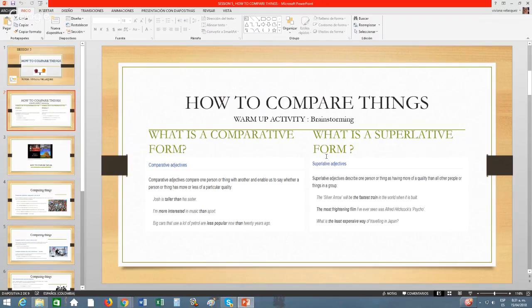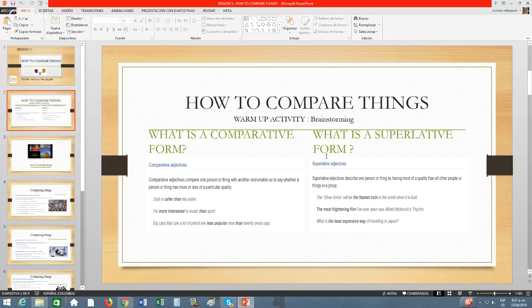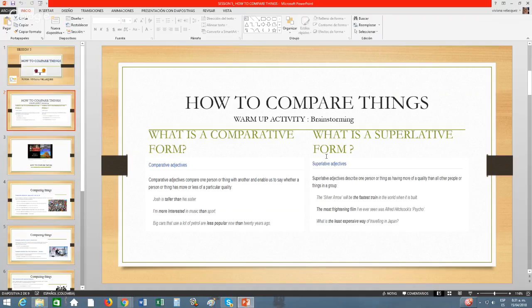Okay, so when you use a superlative, it's because you're making a general comparison. You say that one element is more than the rest of the same kind. For example, we have all the cities in Colombia, and one is more than the others, the rest of them. Very good. So you say the most.